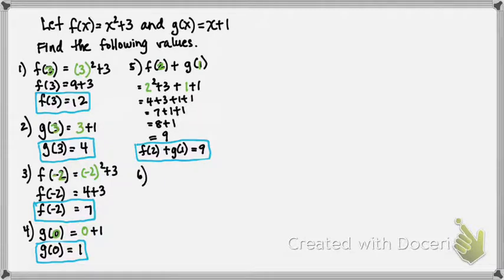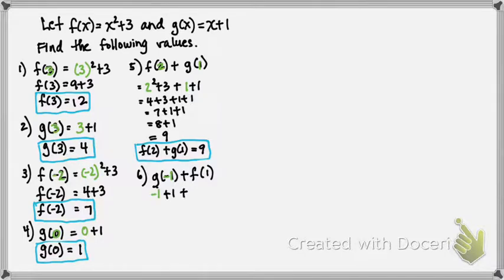Some of these get really bizarre. So we're going to have the value of the function g at negative 1 plus the value of the function f at 1. So when we see x in the function g, we're going to substitute in negative 1.